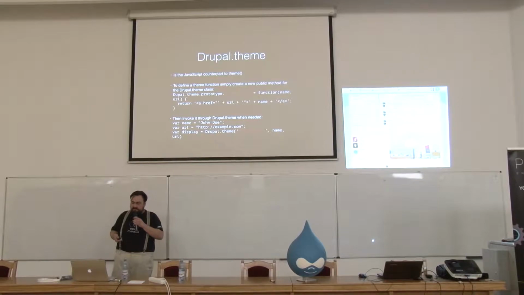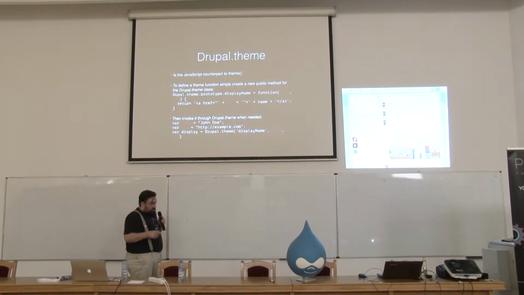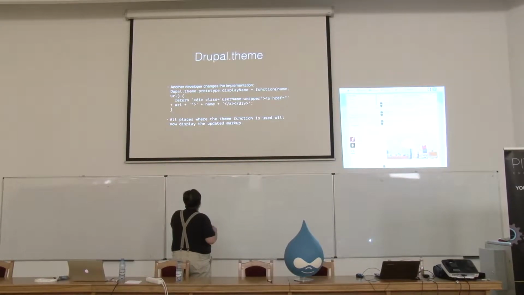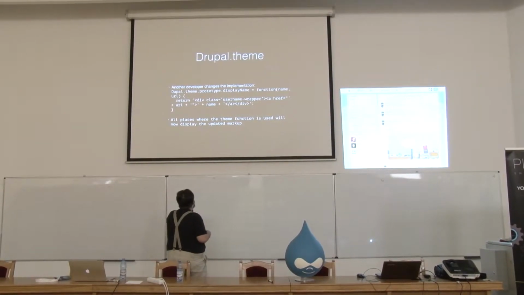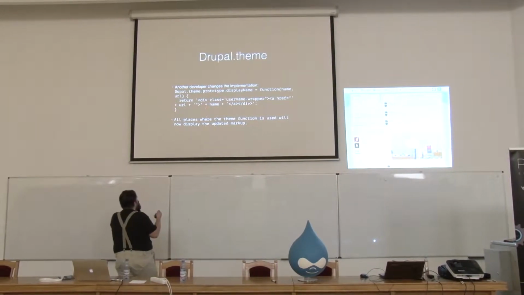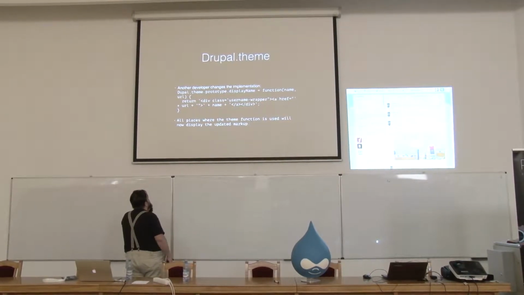But the nice thing is that if somebody needs to alter all the usages of this function, you can just define a new function with a wrapper, for example, and all places where this function is used will have this new markup and this new implementation.